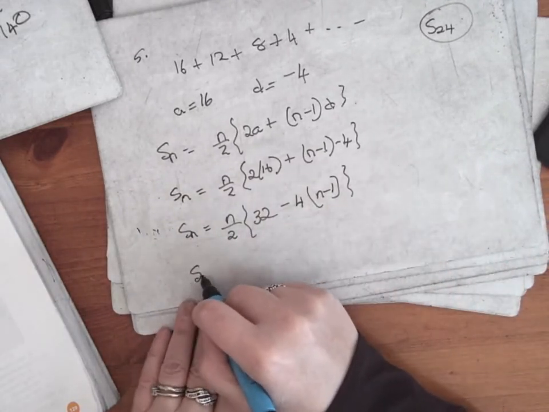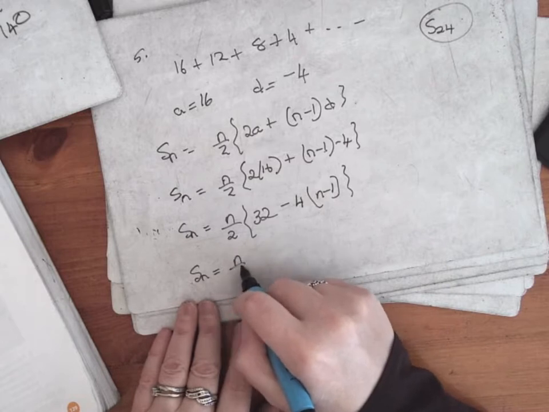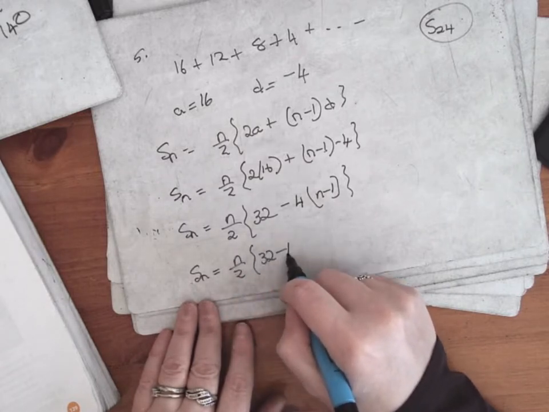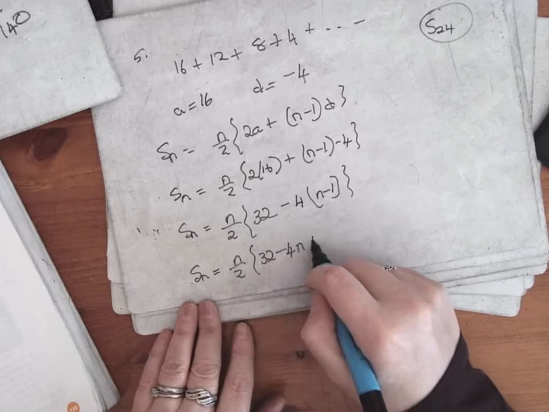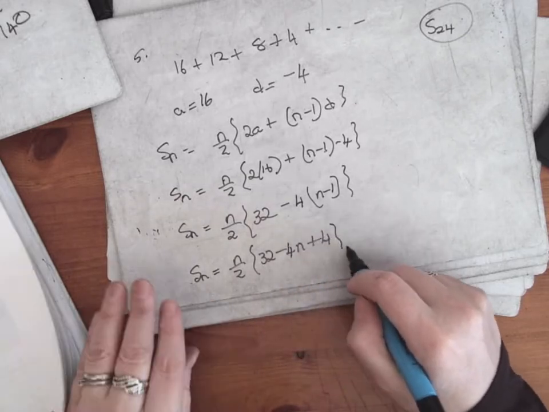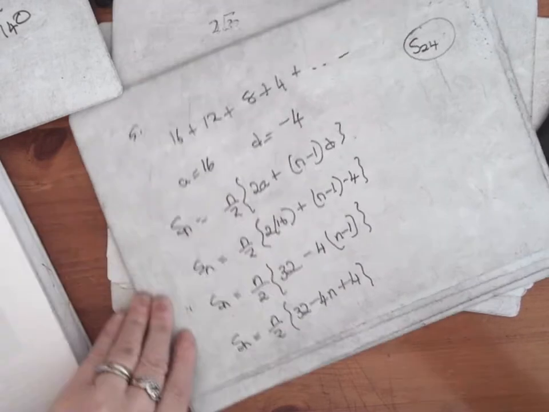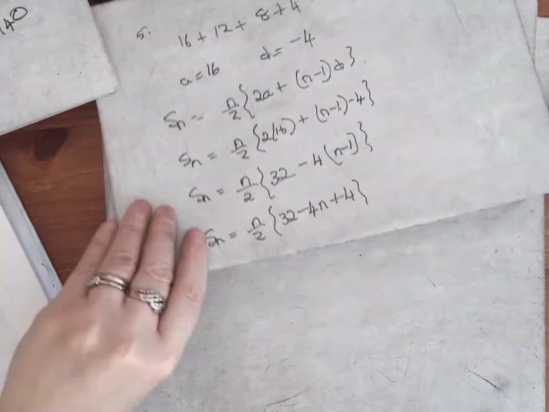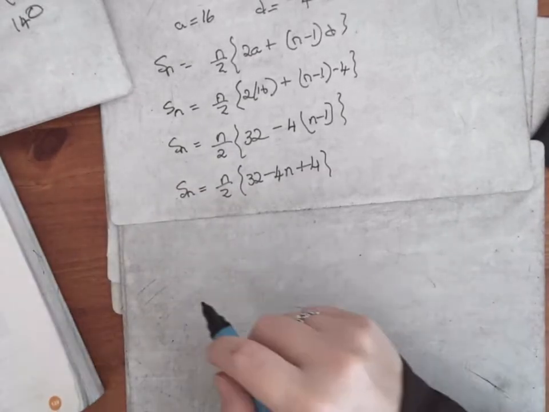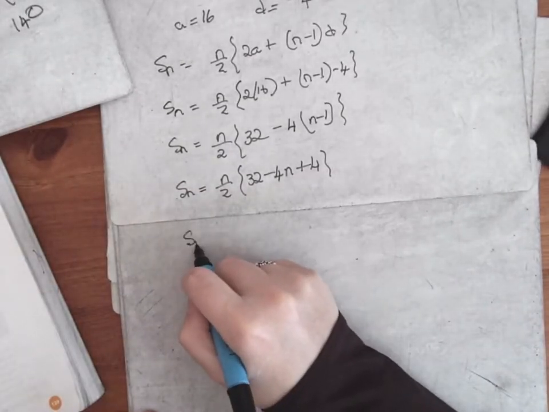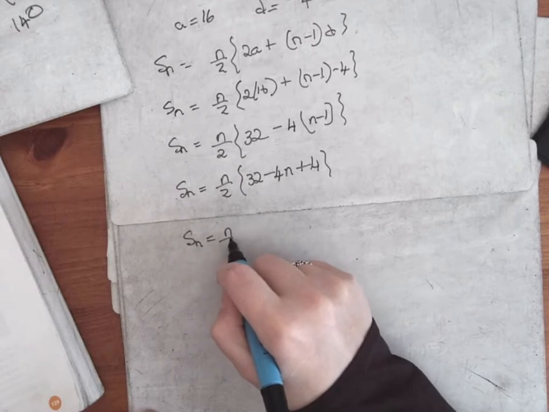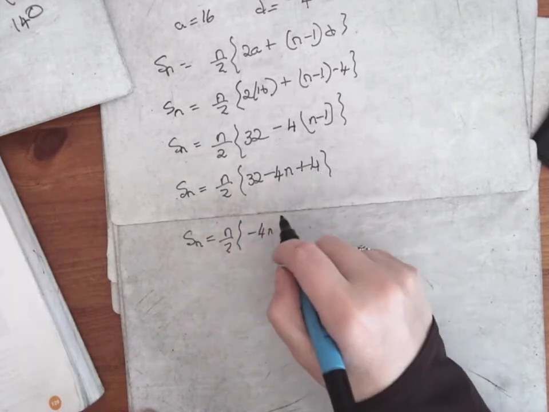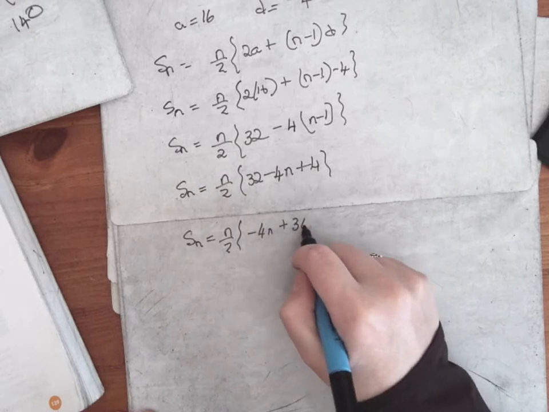So Sn equals n over 2 times 32 minus 4n plus 4. So that's Sn equals n over 2 times minus 4n, and 32 plus 4 is 36.